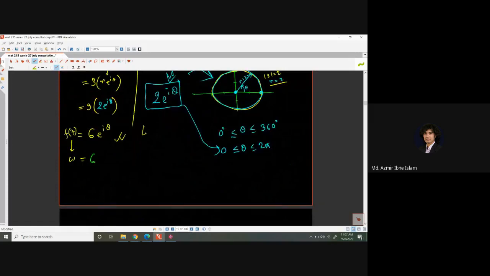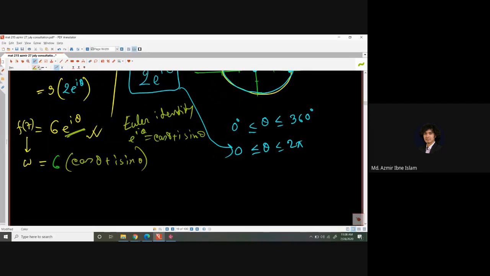So you know that we have the Euler identity, that is, e to the power i theta is actually cosine theta plus i sine theta. So instead of e to the power i theta, we can write cosine theta plus i sine theta.